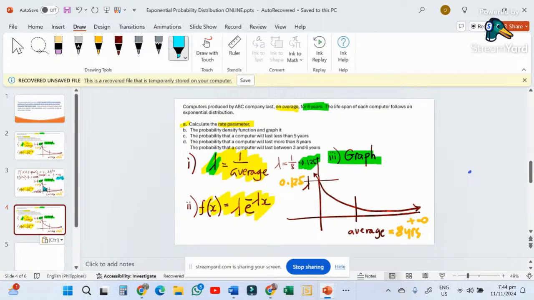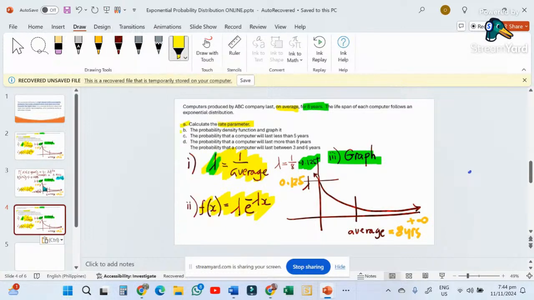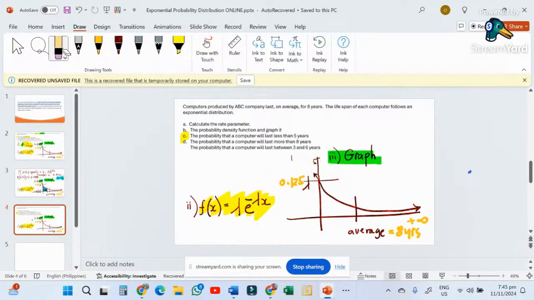We are now in letter C. Let's remove all the other highlights because we're not interested in that anymore. The graph we are still going to use.